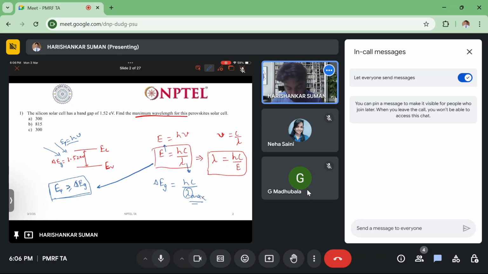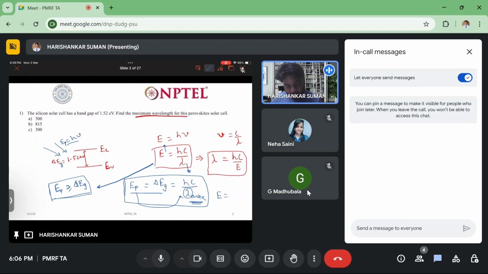At the maximum wavelength, the incident photon energy will be equal to the band gap. For this we get the maximum lambda. Clear?